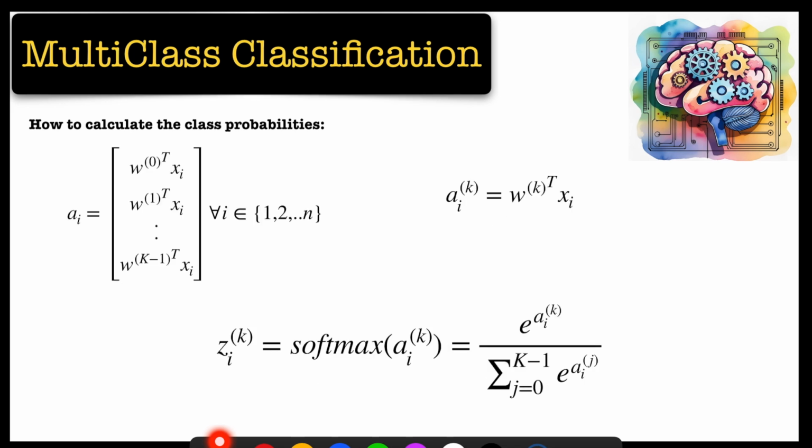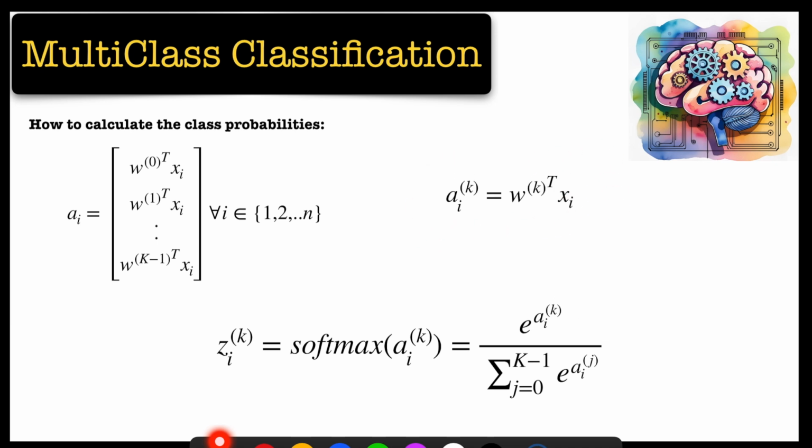So in our example, we found this Ai, that is W0 transpose Xi till Wk minus 1 transpose Xi. These are not necessarily probability values. They can be negative values, they can be any other continuous values. So Aik is, for any class, Wk transpose Xi.